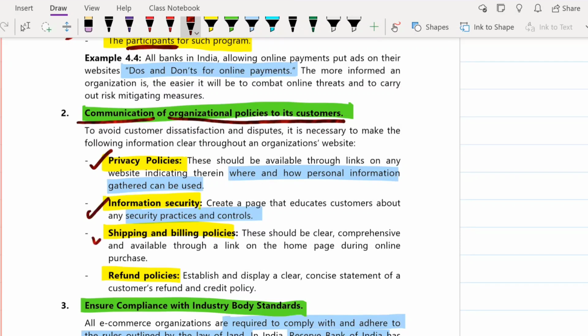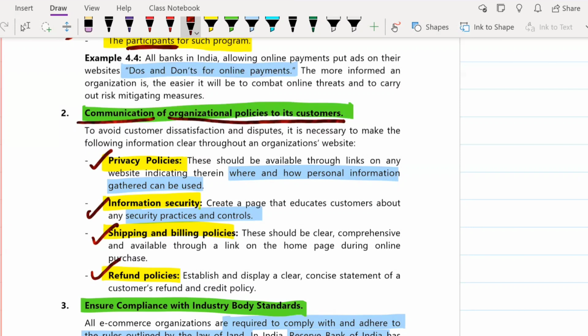Then what are the shipping and billing policies? That means what shipping options are there, how much time it will take to ship to you, and whenever you are billing, what the payment policies are. All of these things also should be communicated to the customers, and refund policies also, because of how many days or what kind of product.